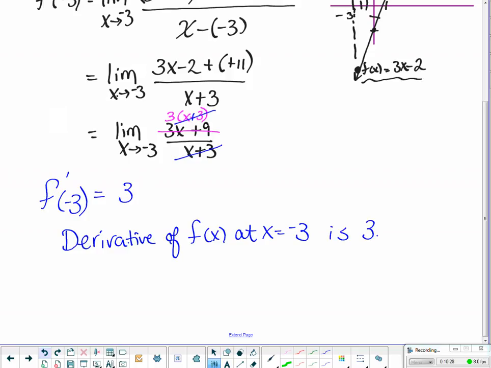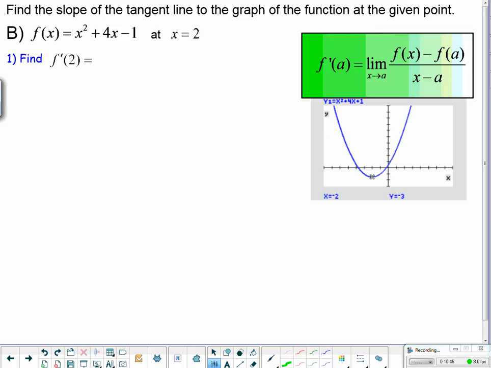And I suspected it was 3 because it's a linear function and the slope is constant in this case. It's always 3 on that entire line. But it's a nice simple example to see how the math is going to play out.